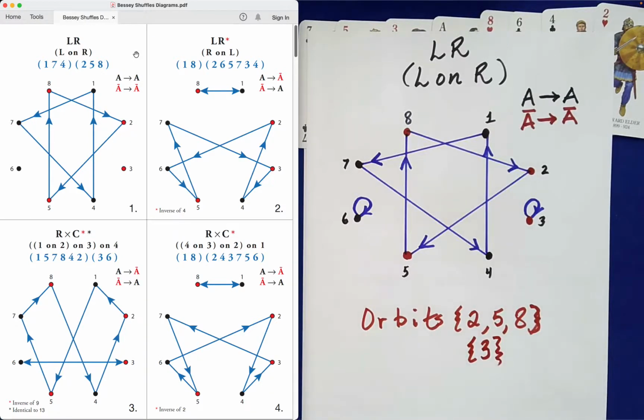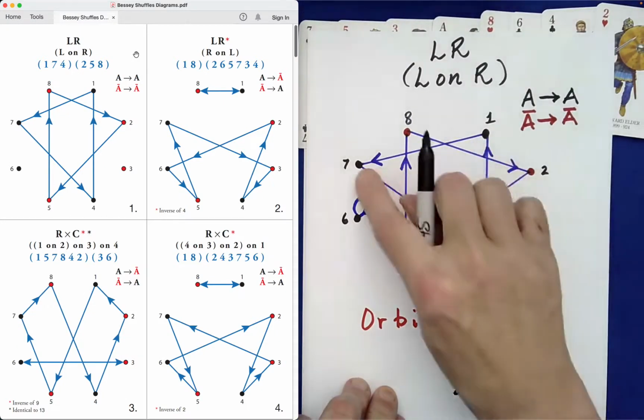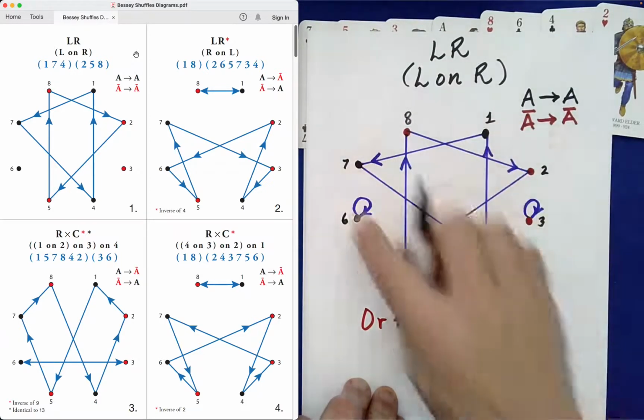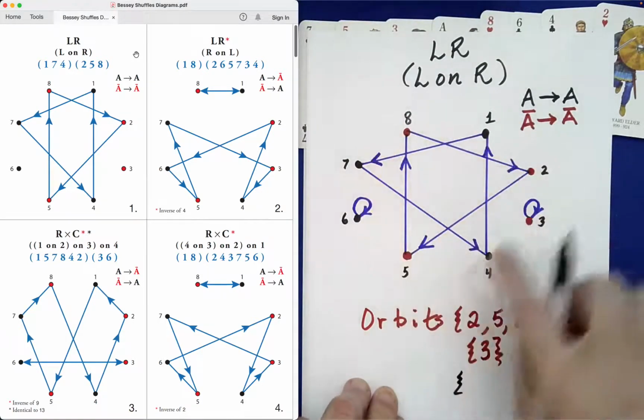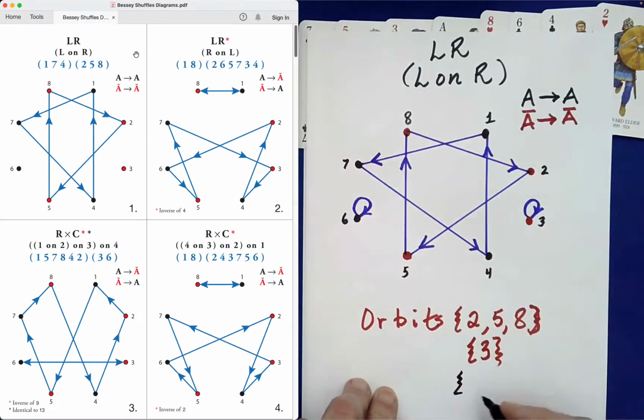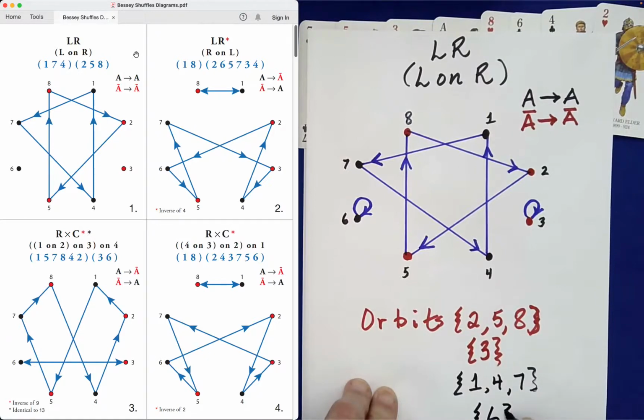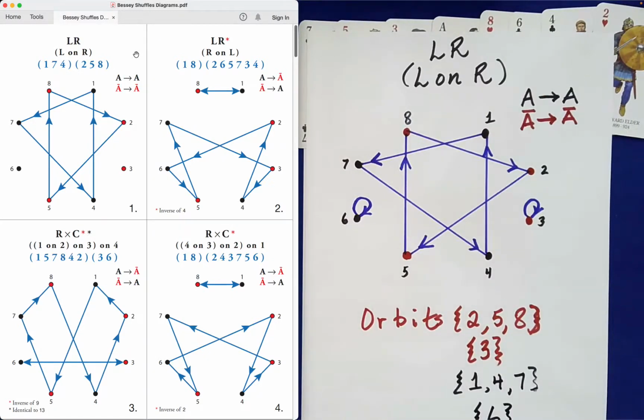And then two other orbits, I'll just do them in black because we have them color-coded in black, will be 1, 7, 4. They just cycle around. They just trade places sequentially there. So 1, 4, 7. I've just listed them in order, which doesn't matter when you're writing set notation. And then the remaining orbit is the one over here for 6. 6 is in its own little orbit, since this shuffle leaves 6 alone.